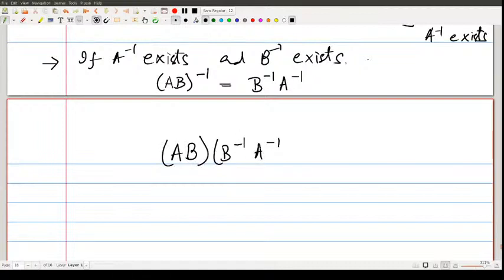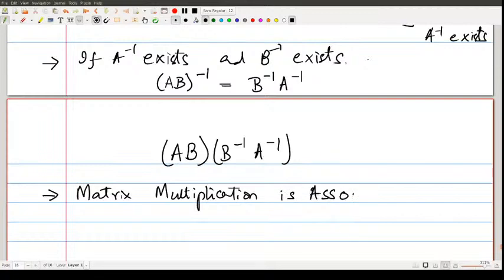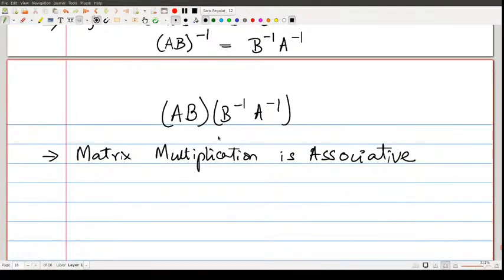And the reason for that is easy to see: if you take AB and you multiply it by B inverse A inverse, then what do you get? The rule that I am going to use here is that matrix multiplication is associative, and this is a fact. If you have different matrices being multiplied, and if two are multiplied together and the result is multiplied with the others, it doesn't matter if you change the placement of the parentheses.